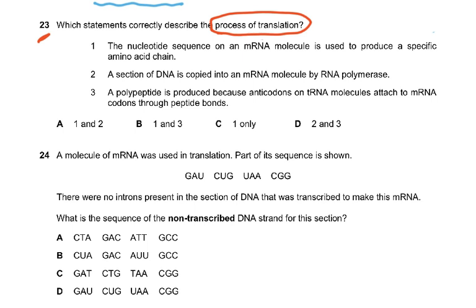Now, statement one says the nucleotide sequence on an mRNA molecule is used to produce a specific amino acid chain. Well, that's correct. A section of DNA is copied into an mRNA, that's wrong. A polypeptide is produced because anticodons on tRNA molecules attach to mRNA through peptide bonds. That is the wrong thing. Peptide bonds is wrong. So the answer is C, 1 only.